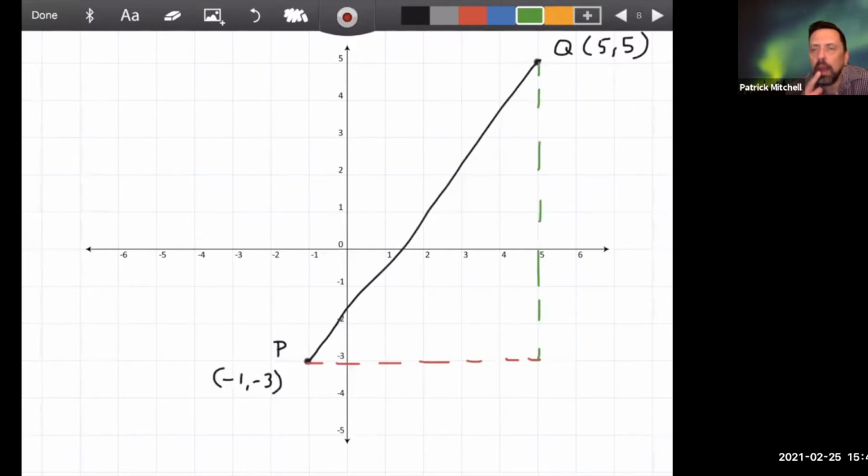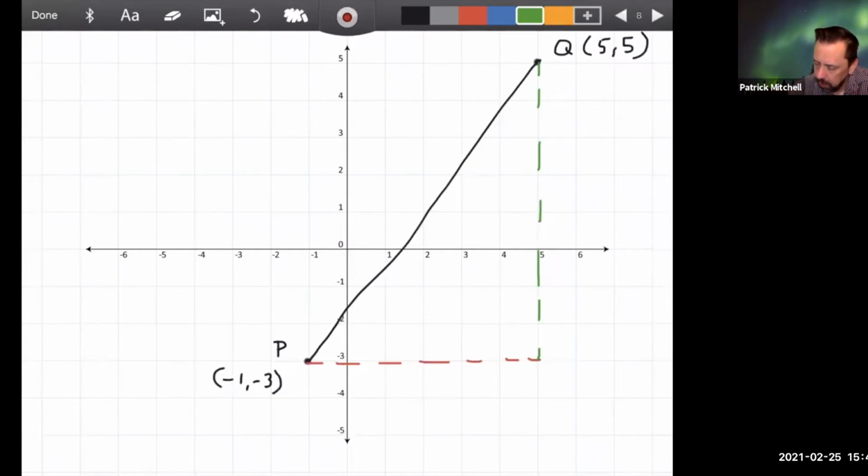So I want to find the length of that longest side. How can I do that? Especially if I point out to you that I can pretty easily figure out the lengths of the other two sides.